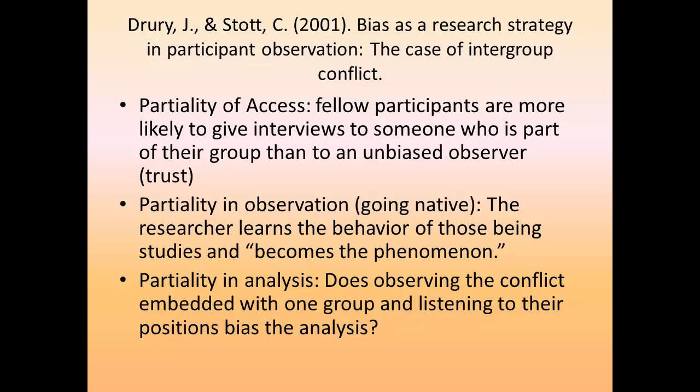The best data comes from gaining trust by becoming embedded with one of the groups, whereas the group affiliation itself may bias the analysis and research. Drury and Scott give details about the partiality of access, the partiality in observation, and the partiality in analysis.